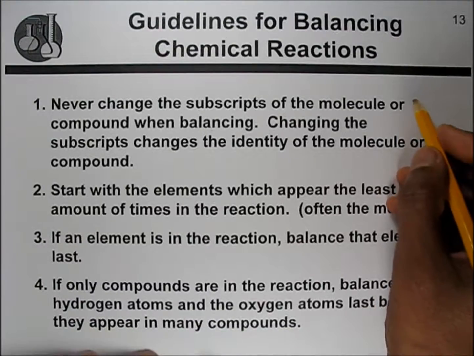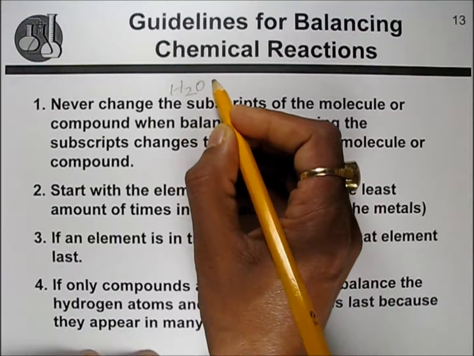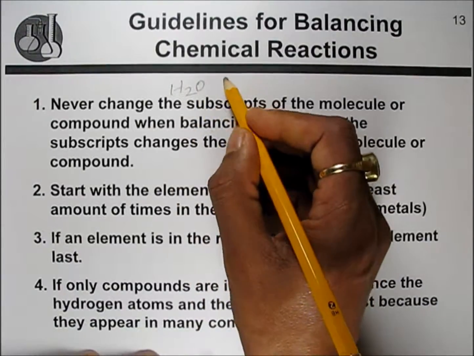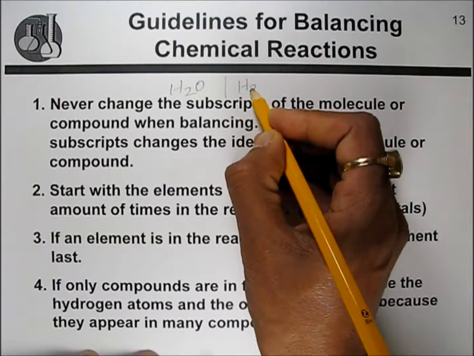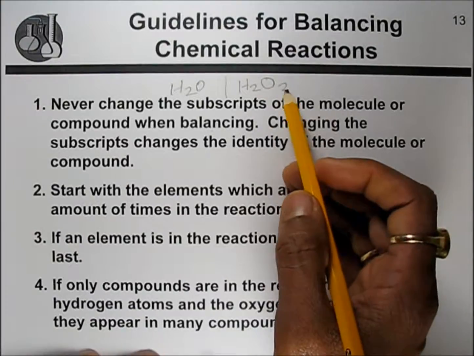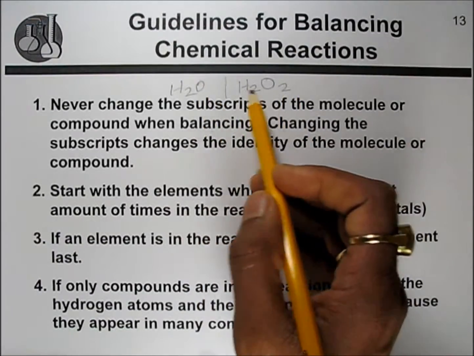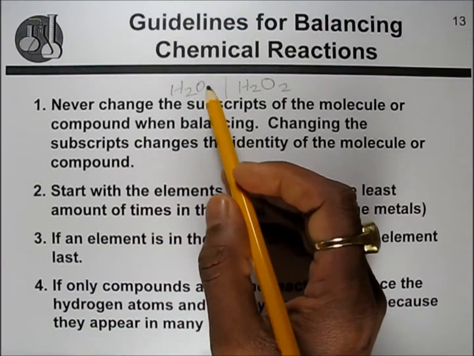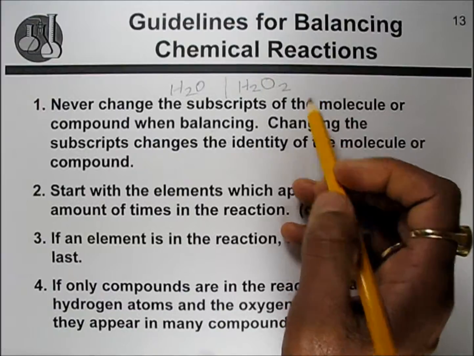We have seen the example for water, H2O, and if we add a subscript at the end of oxygen, H2O2, this subscript after oxygen will change the whole chemical formula. So this is water, H2O, and this H2O2 is hydrogen peroxide.